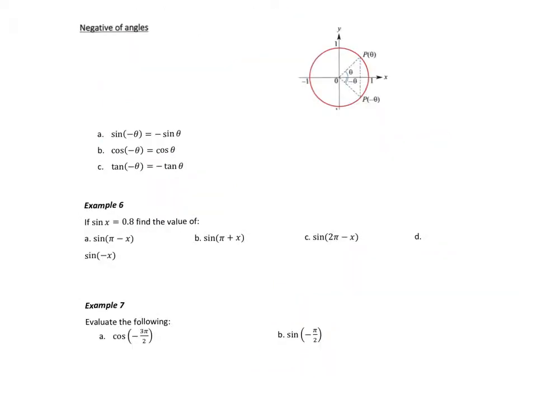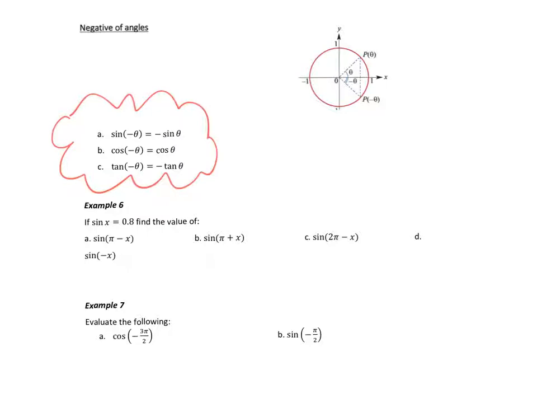When given a negative angle, it's always easier to work with a positive angle. So this is something that we need to remember, is that the sine of negative theta is negative sine theta. The cos of negative theta is positive cos theta, and tan of negative theta is negative tan theta.